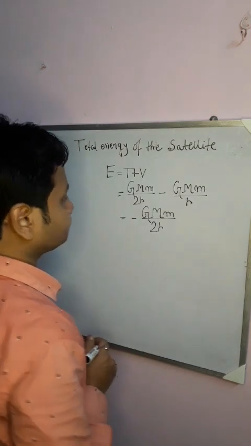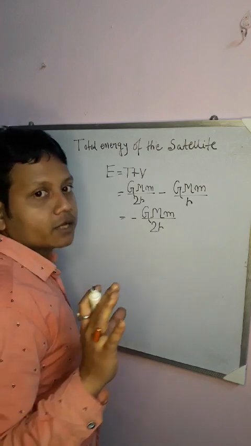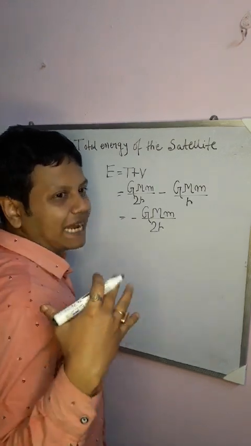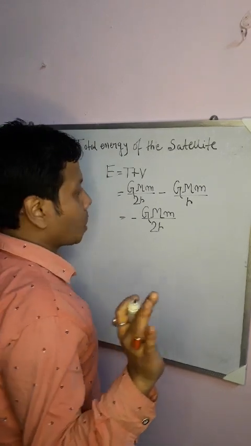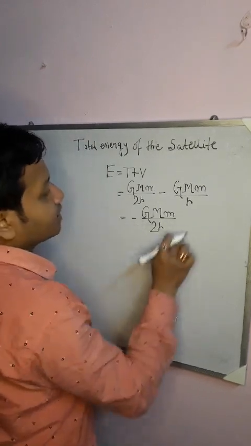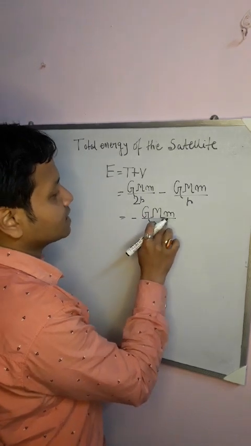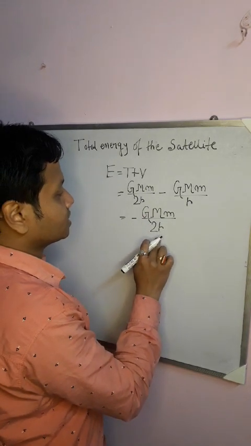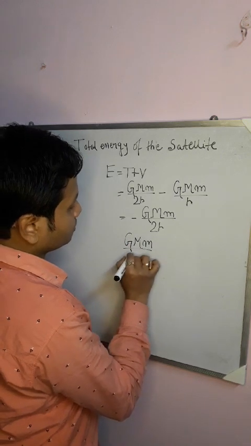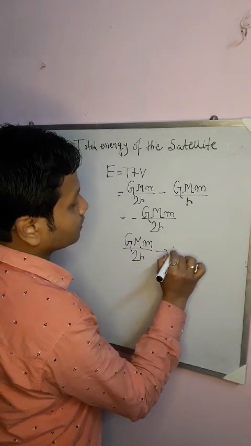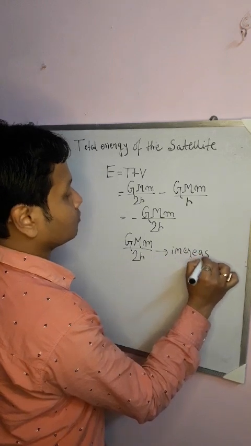Now let's see. We all know that due to the collision with the atmosphere, the total energy of the satellite always decreases, that we know. So this term entirely decreases. So if minus GMm by 2r decreases, then GMm by 2r increases. So GMm by 2r increases. Okay.